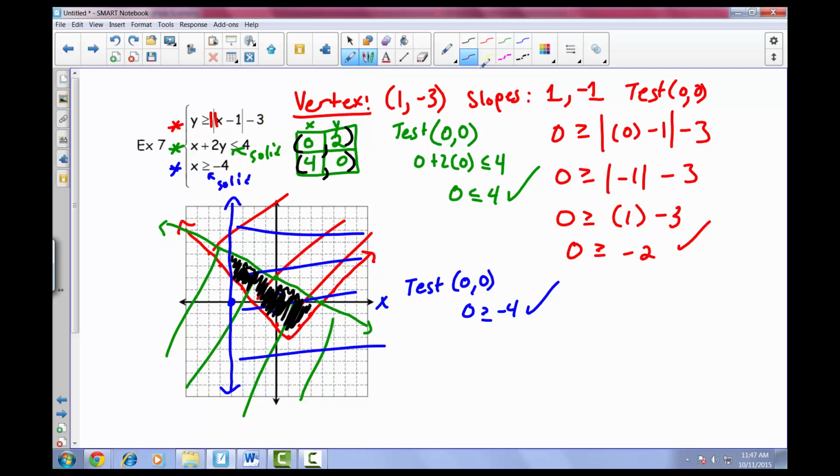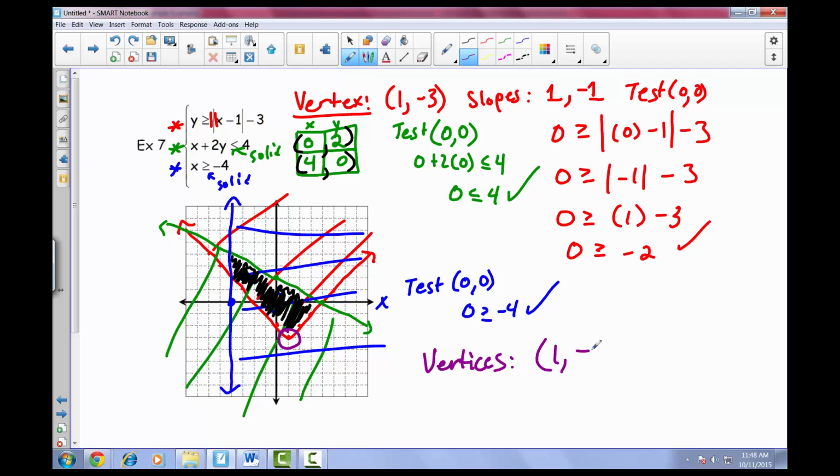Now looking at the vertices, we see that we have a vertex happening right here, and that looks like (1, -3), coming from just the vertex of our absolute value function.